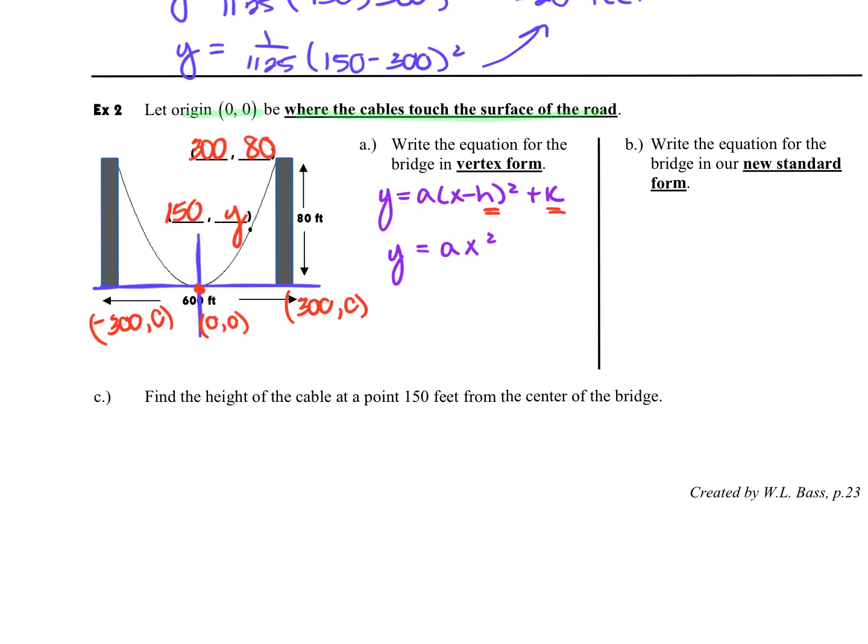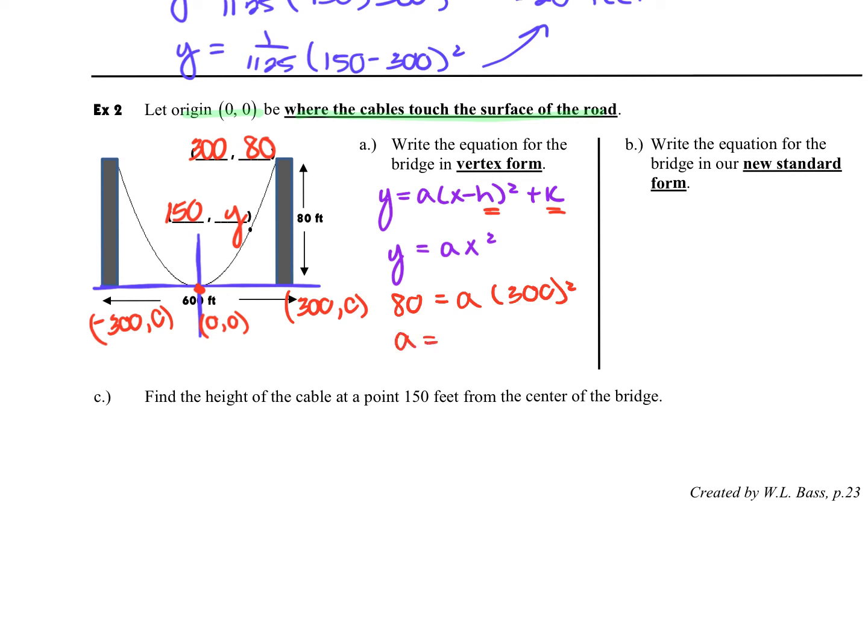Now, if we're going to go ahead and fill in our ordered pair of 300 and 80, we're going to have an 80 here. We don't know a. We're going to fill in our 300 and square it. And sure enough, you get right back to the exact same thing that you had before solving for the a.